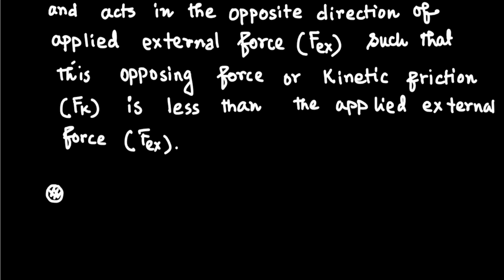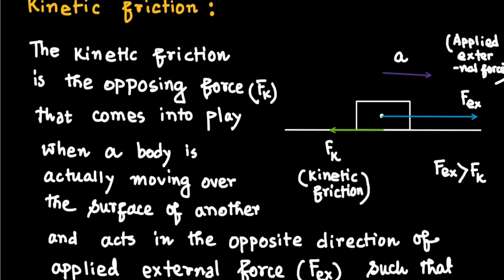As Fex is greater than Fk, that's why the body will be moving in the direction of Fex with an acceleration a.